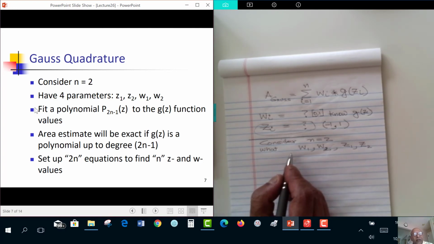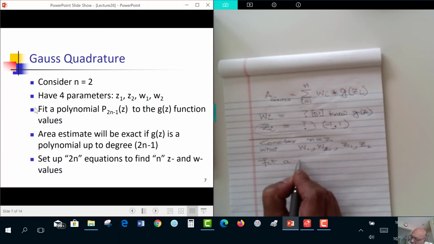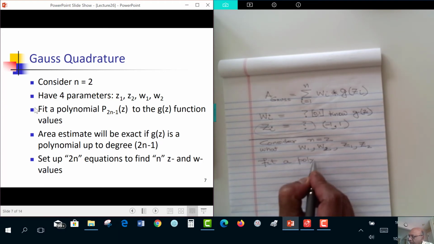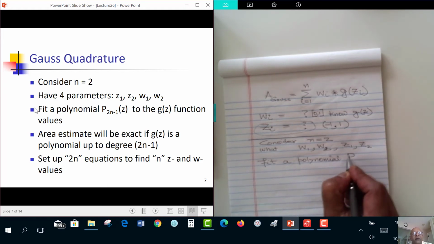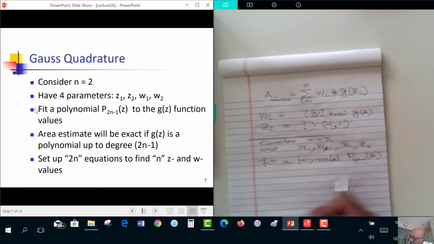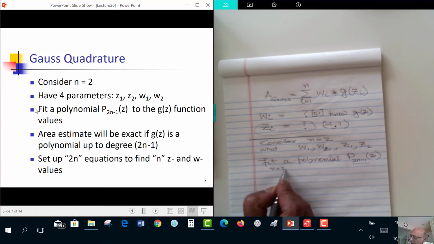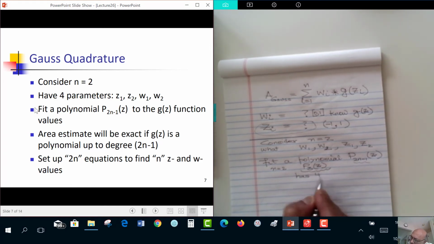Since we have 4 parameters, what we can do is fit a polynomial of degree 2n minus 1 in Z. So notice when n is equal to 2, this is our polynomial of third degree. A polynomial of third degree has 4 unknown coefficients.